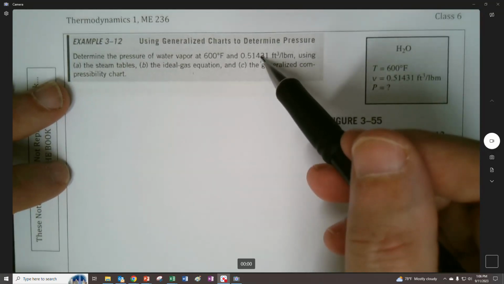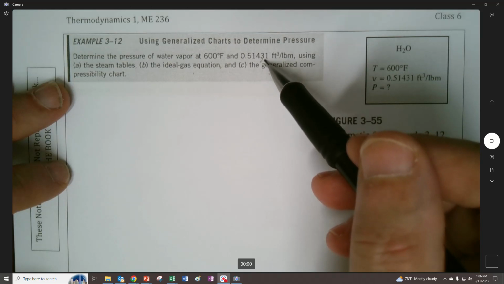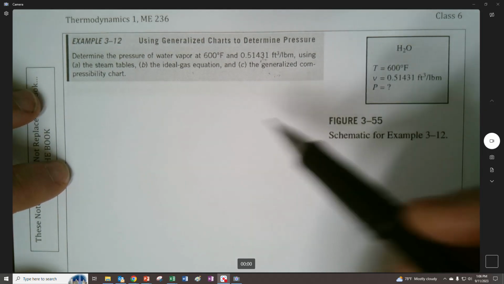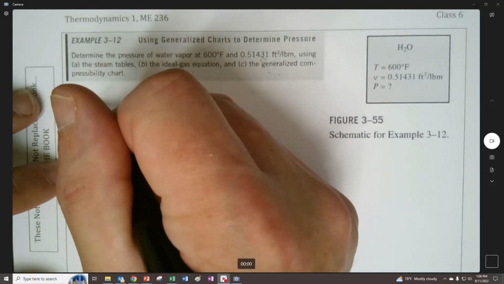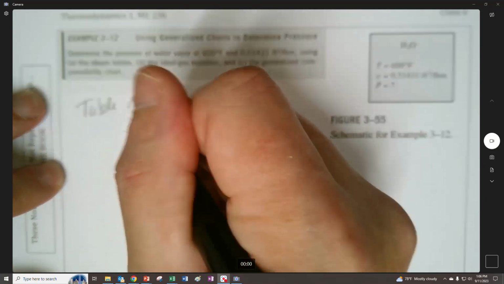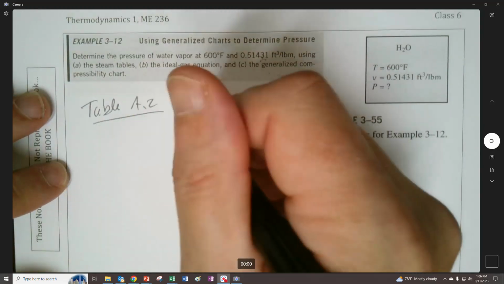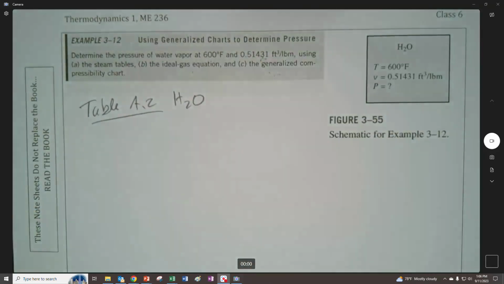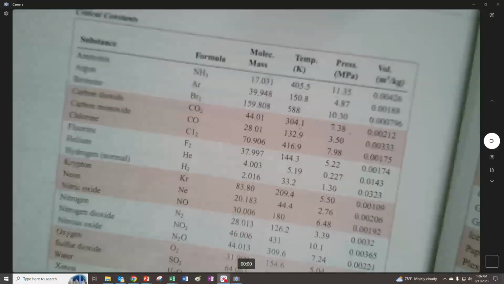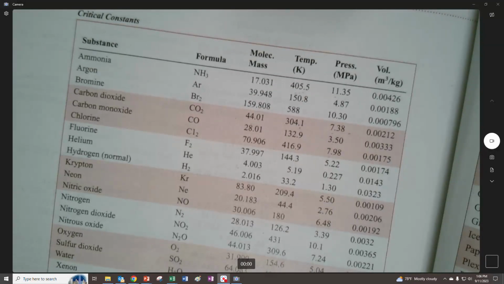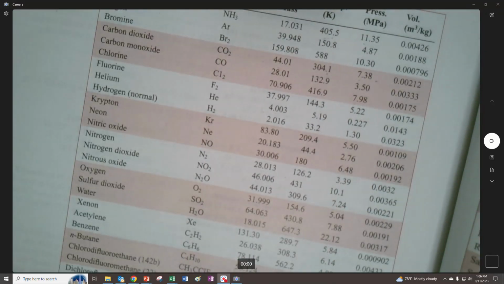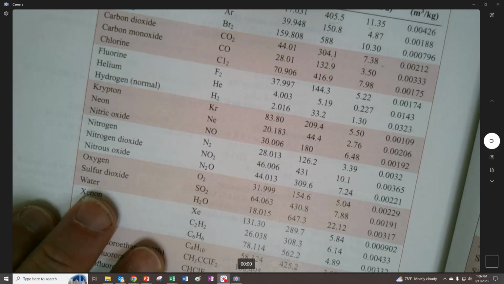Because we don't organize ours in Borgnakke this way, it makes it a difficult one to try to do. So if we go to table A.2 for water, or Borgnakke, somewhere in here, there you go, we have water.